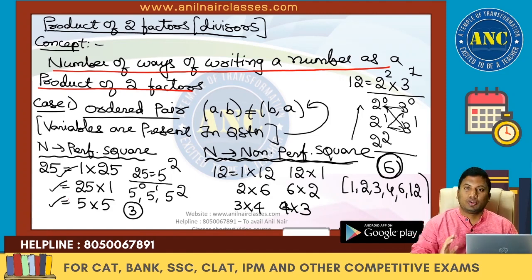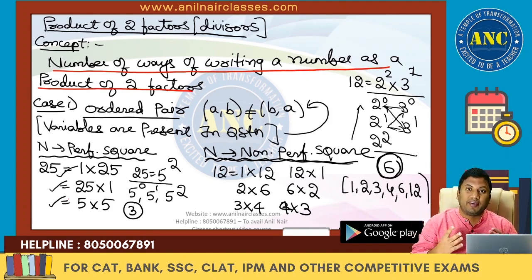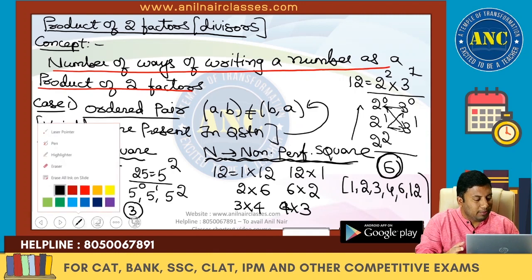If I write 12, the factors are 1, 2, 3, 4, 6, 12. Total 6 cases I got. Even for a non-perfect square, I got 6. Extremely important conclusion.